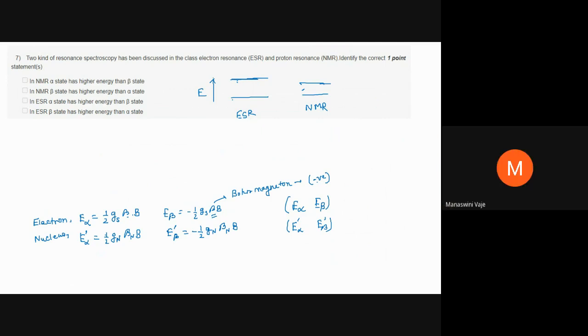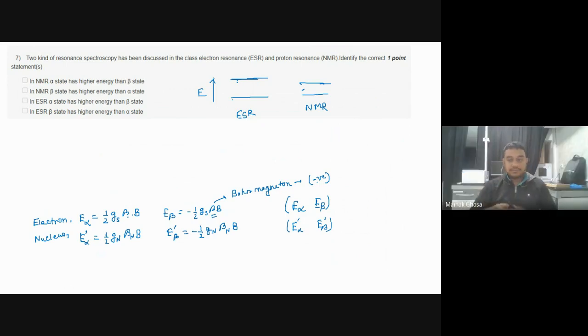The Bohr magneton is negative for E beta. Sorry, the Bohr magneton is positive for E alpha, so the value increases. No. What I'm saying is, beta is negative for the electronic case. For the electronic case, this beta is negative. For the nucleus case, beta is positive.